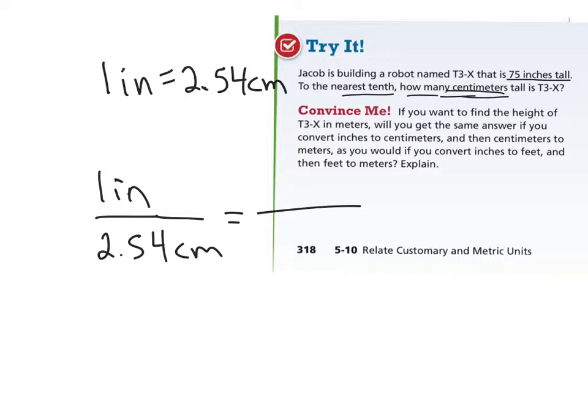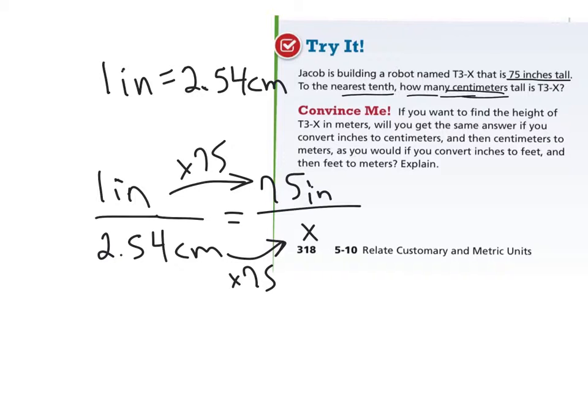So the deal is, that's our conversion, and we have 75 inches. Put the same units across from each other, and then we can look for a pattern. So pattern at this point, either we could go up and down or across. Make sure you multiply, make sure you're going towards the variable. So one option, if we go from 1 to 75, that'd be multiplying by 75. Or otherwise you can go up and down.